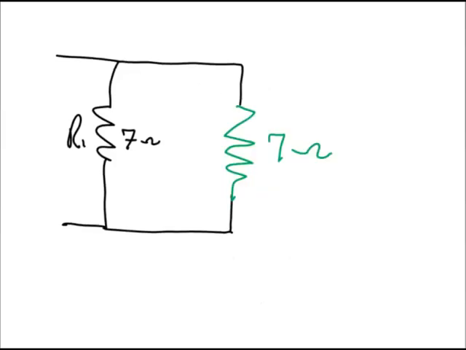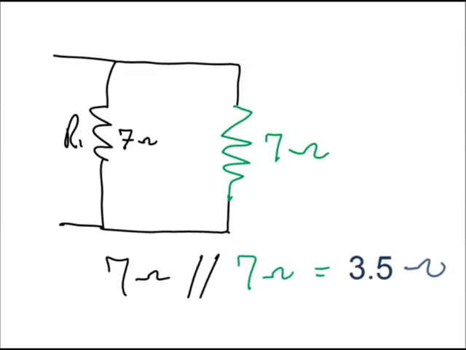Once again, we redraw the circuit and we insert the newly calculated equivalent resistance of 7 ohms. Now we observe that the two 7 ohm resistors are in parallel, so we find the equivalent resistance of those resistors, which turns out to be 3.5 ohms.